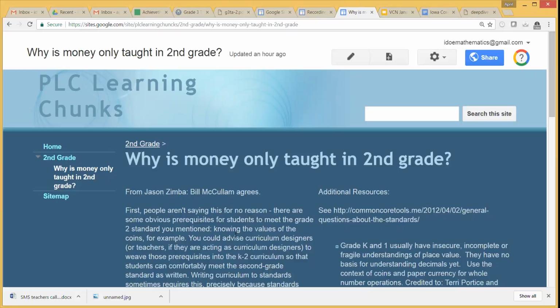Jason emailed me back his response, and then I waited for Bill, and Bill agreed with everything Jason said, and then I linked some additional resources. So if there are questions like these that come up, let me know, because I have several avenues to reach out across the nation so that we can work smarter, not harder, and we can have some really great resources for teachers and educators to make really great instructional decisions for our kiddos.